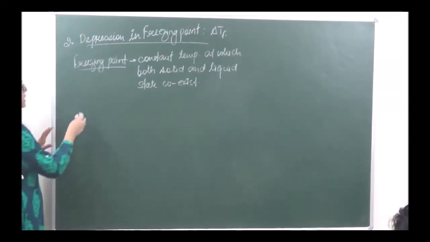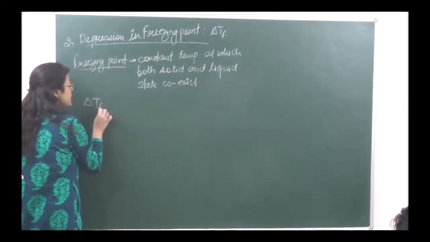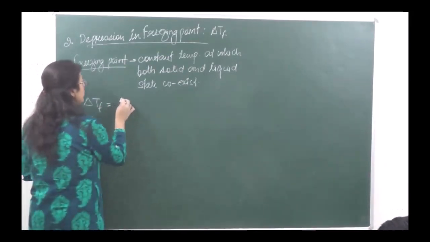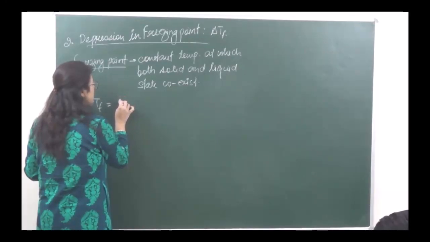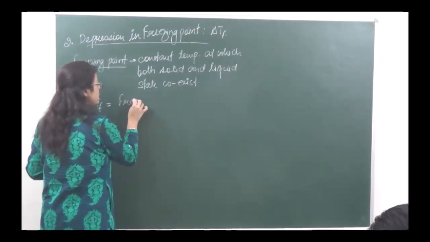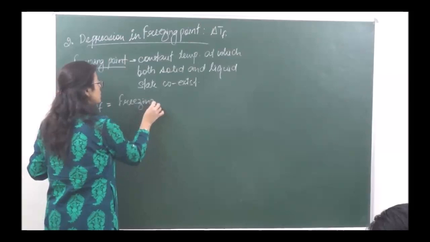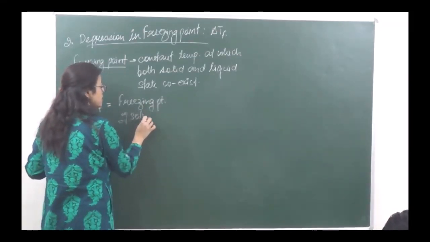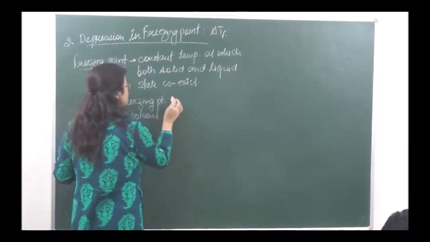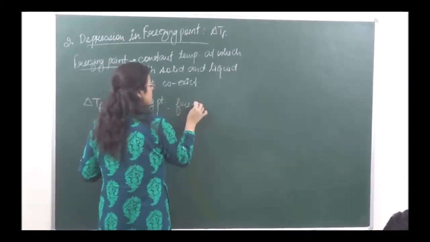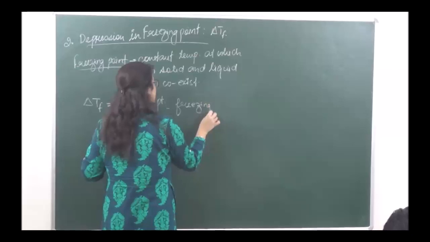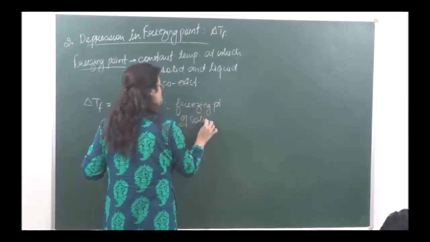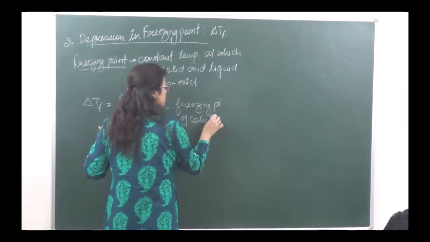Now depression in freezing point is denoted by delta Tf, and it is given as the difference between the freezing point of solvent minus freezing point of solution.